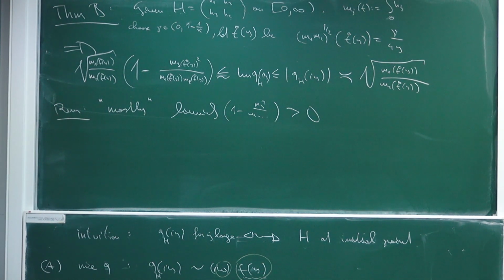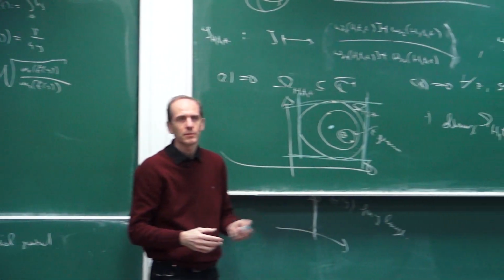That gives you a square where you know that your Weyl function must be inside, and then you can use that to obtain estimates.